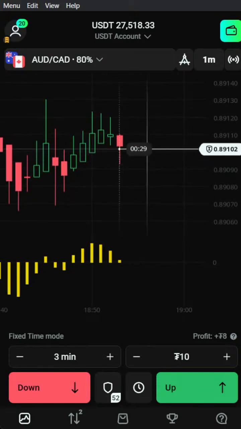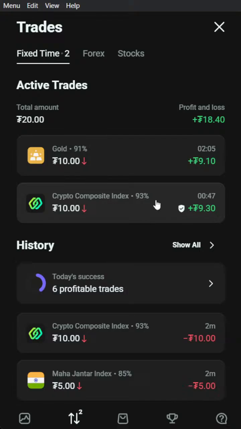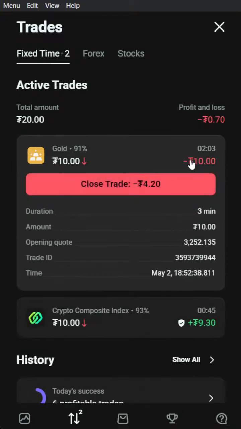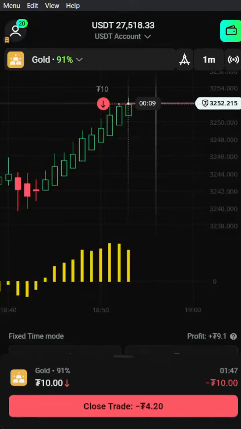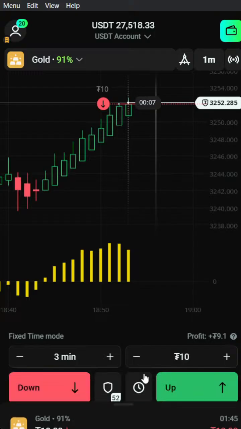We see a down signal coming up here right now. Whatever is happening is for good. Let's hope for the best in gold too. If that goes positive, we will have a good profit here. Right now, what is the account balance? Okay, 518. Let's hope for the best.